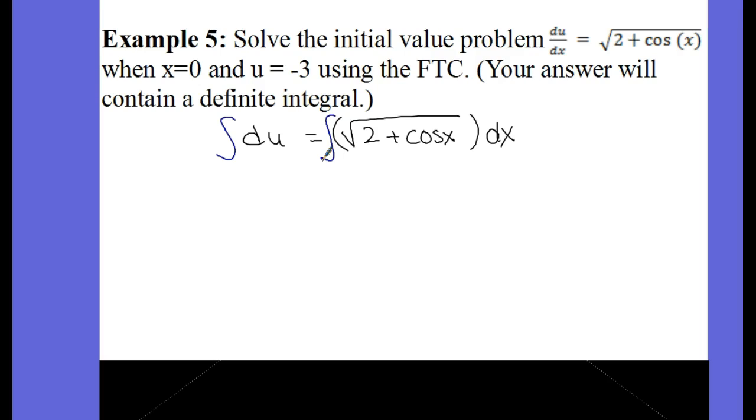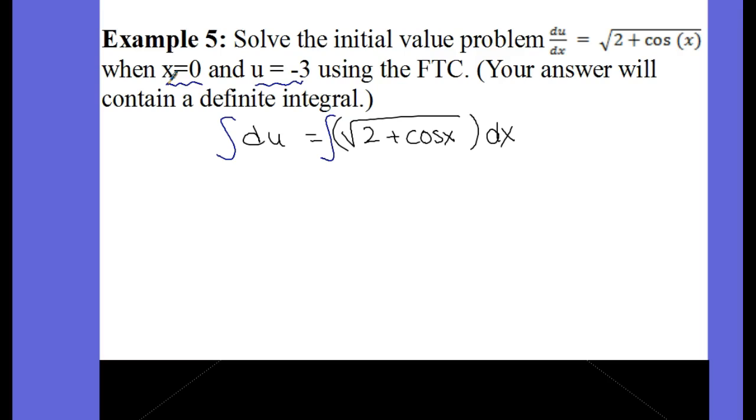So you can set this up using the fundamental theorem of calculus and your initial conditions to get the same answer we would get if we took the integral this way. Let's say we didn't know, what do we actually need to do this problem, and what can't we use because we're missing something? Can you break it down to u equals 2 plus cosine x?